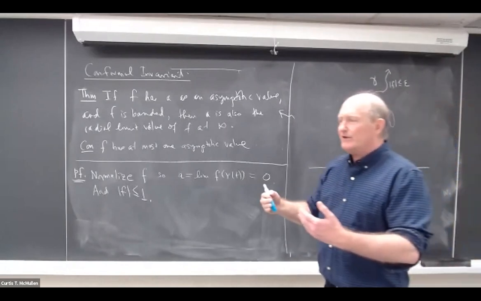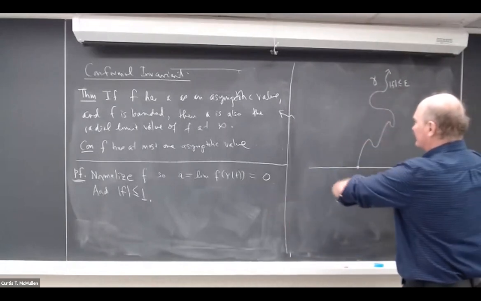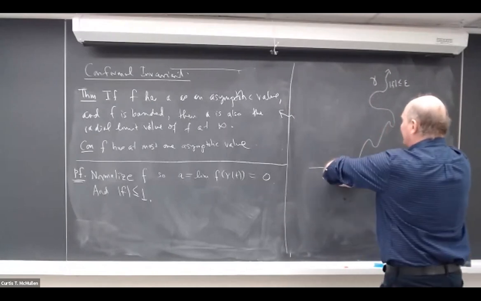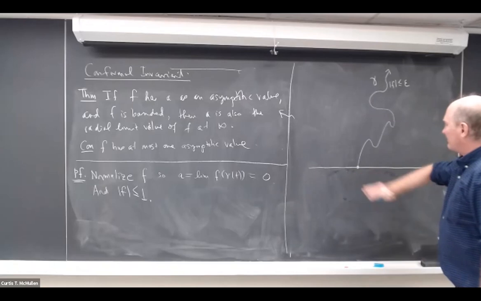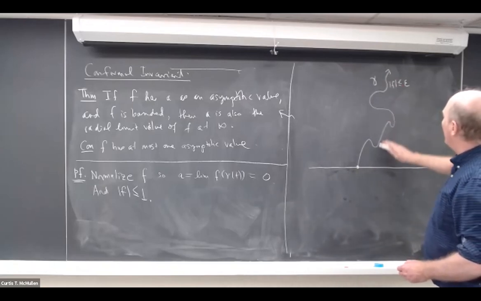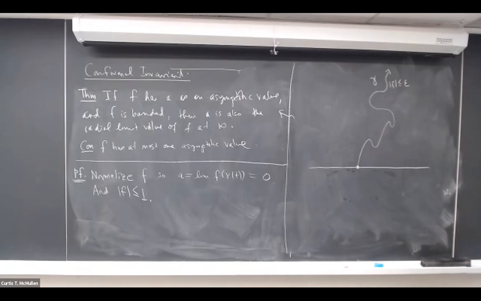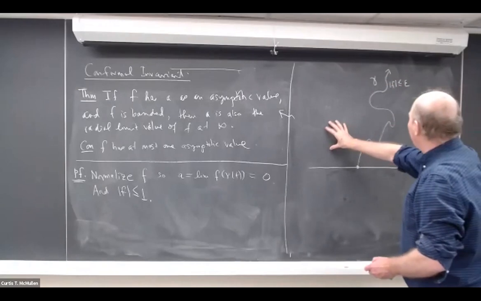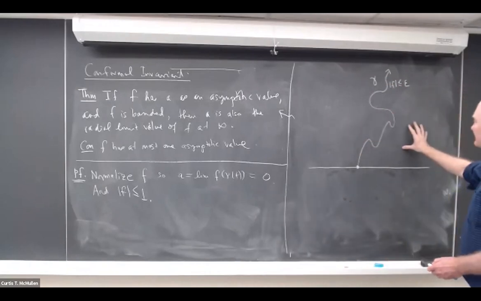Why are we allowed to do that? Well, eventually f is less than epsilon. So let's just translate the plane upward and restart our discussion after the point when f is pretty small along this path. And now this path divides the plane into two pieces.